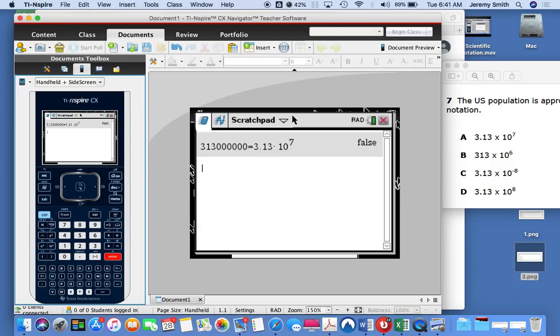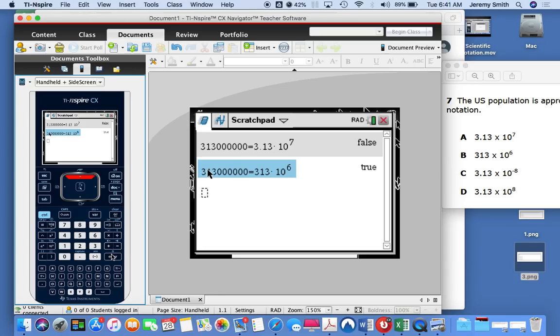All right, so it's already telling me that this first one doesn't work, okay? Now, let me hover over it, press enter, and that copies it for me. All right, so let me try out B. I'm still taking a standard notation, and I'm making it equal to the scientific notation. So that says 313 times 10 to the 6th power. Okay, so far that's telling me it's true.